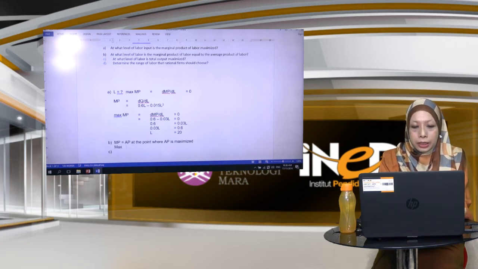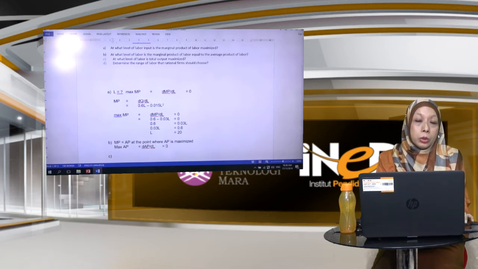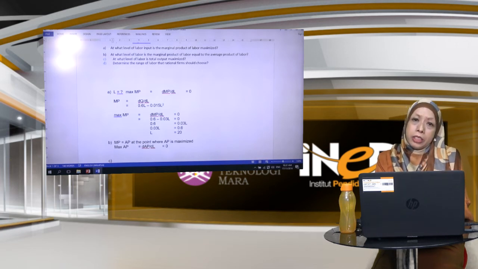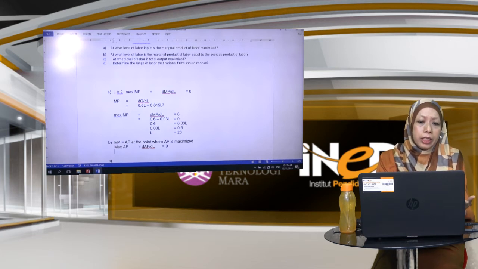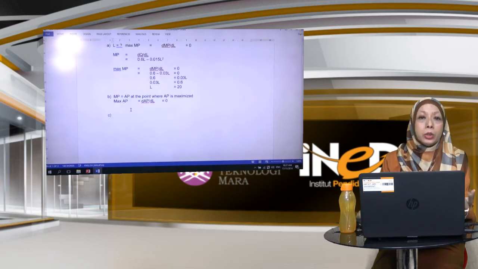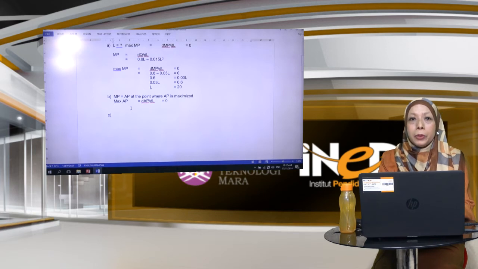Maximizing average product requires you to differentiate average product with respect to L, and then once you have differentiated, you set it equal to 0. To differentiate average product, you need to have the average product function. Yet again, if you look at the question, you are only given the total product function. There is no average product function. So you need to first derive the average product function. Once you have it, then you can answer the question.